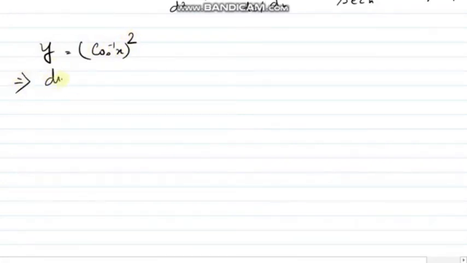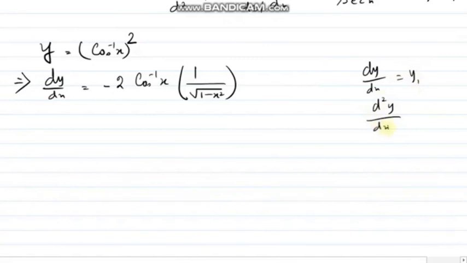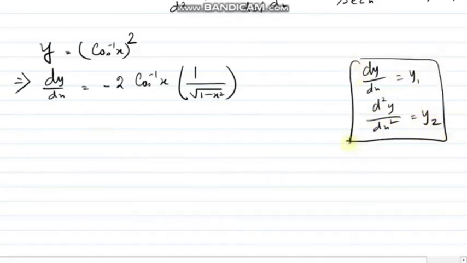So dy/dx, what will be dy/dx? dy/dx will be 2 cos inverse x, then into minus 1 divided by root over of 1 minus x square. So from now on I am going to write dy/dx as y1 and second order derivative as y2. This is a general term, so you can use it.